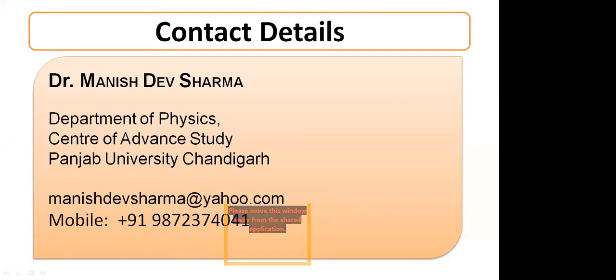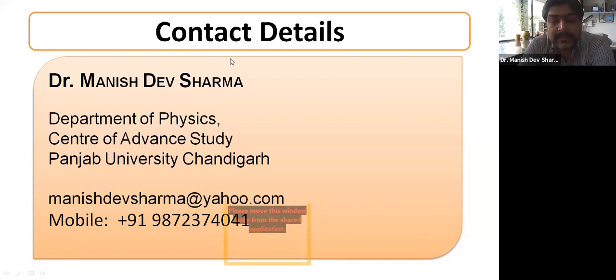Yeah, sure, sir. What is the difference between ex post facto and experimental research? Actually, ex post facto is basically when, suppose you have done the research and you finally concluded in that. But with the passage of time, there are some other factors coming up related to that research.